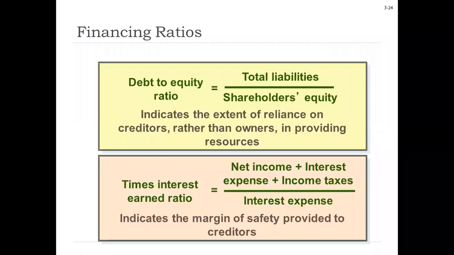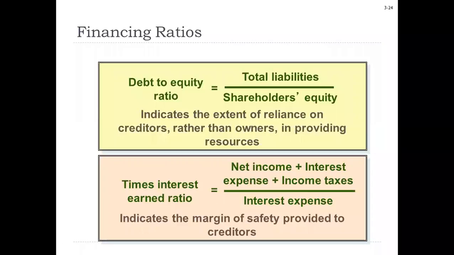This ratio gives an indication of how able a company will be to pay the interest when it comes due. So a company has to have enough net income, in other words, after paying income taxes, to pay the interest as it comes due. The more income they have, the more able they are to pay interest. Again, this is a ratio of interest to creditors, to people who lend money to companies.